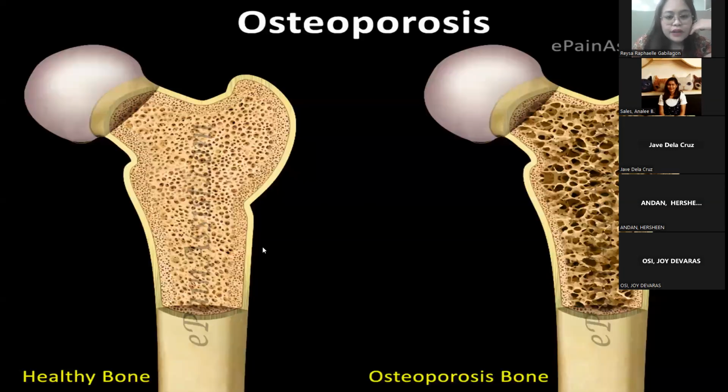So if we're going to look at the bones of a healthy person and compare it with someone with osteoporosis, ganito yung magiging mukha. Okay, so as you can see, there is the bone here, the healthy bone, yung density ng minerals na nakadeposit in the bone itself. Siksik siya dyan. And that makes the bone strong.